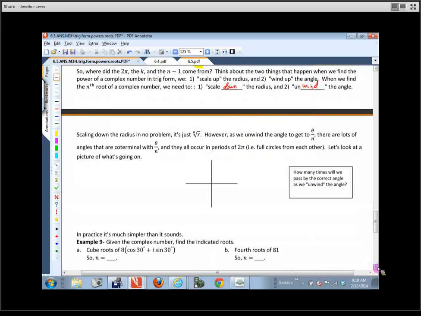This is just a picture of what happens, and hopefully this makes sense. Let's say our number looks like this right here. When we scale down the radius, it's this long. Let's say it has to be this long, and it's got to be pointed in this direction right here. So let me do this in blue. Let's say this is the right answer right here.